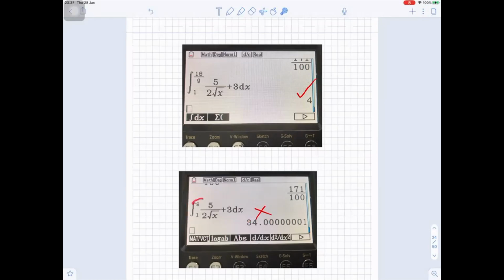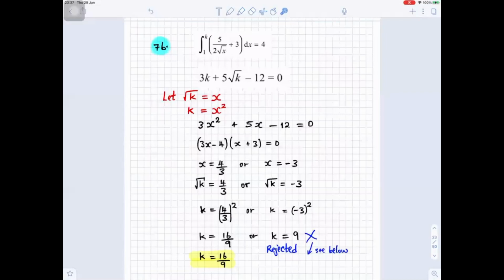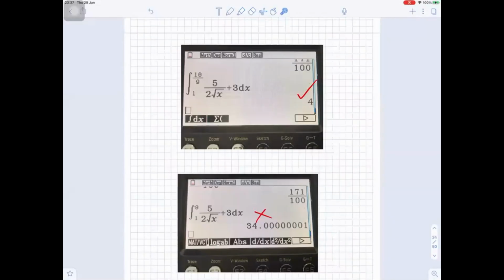So we reject 9 because we do not get 4. We use 16 over 9, it gives us 4. So that's your answer for question 7A. And that's the answer for question 7B. And that shows you why we rejected k equals 9.